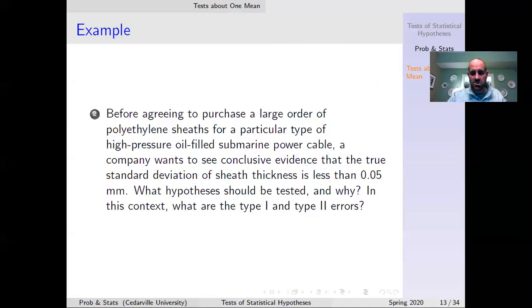What hypothesis should be tested and why? In this context, what are the type 2 and type 1 errors?